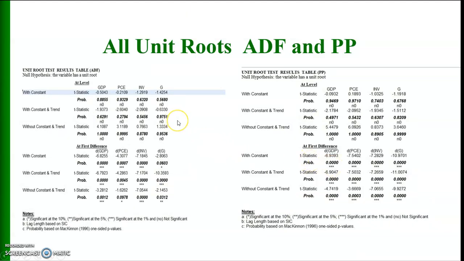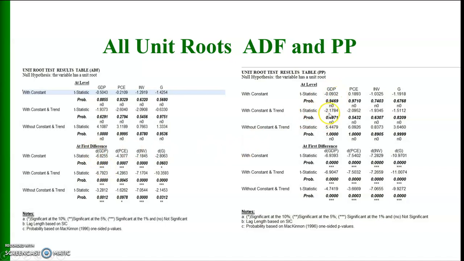Here I am showing in this slide all the unit root tests of the 4 variables, that is GDP, personal consumption expenditure, investment, and government expenditure. And here I am using the ADF test. These are the test values at level, and these are the test values at the first difference.